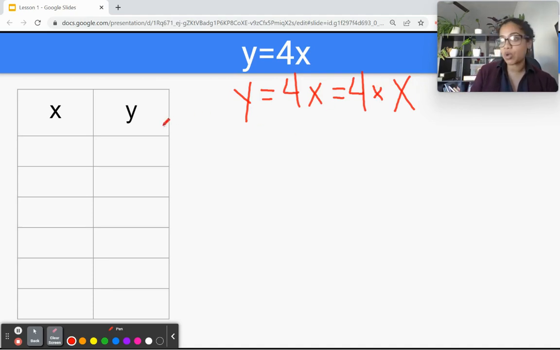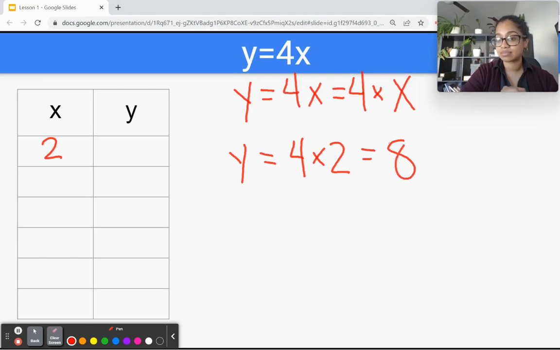Okay, so let's go ahead and do this together. Let's pretend x is going to be equal to 2. So if x is equal to 2, that is going to be the same as doing 4 times 2, which equals 8. So y is going to equal 8.